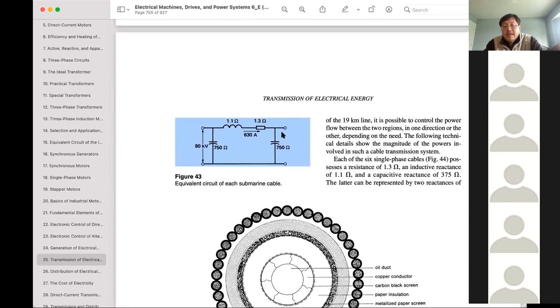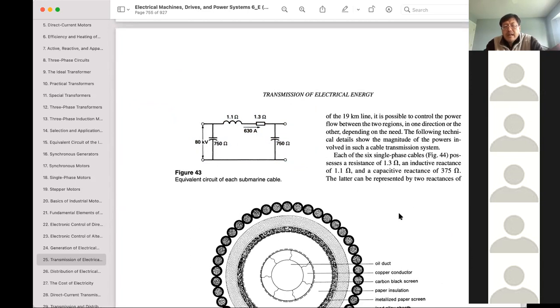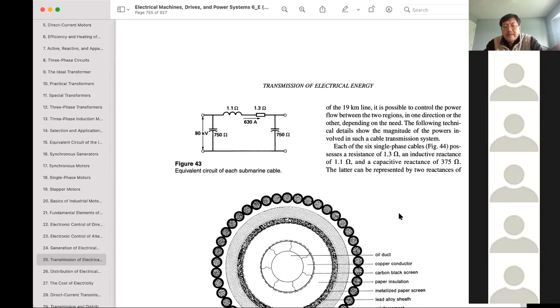I haven't studied this, but obviously it will be ideal if you have an inductance to compensate those capacitances to make it handle more power.